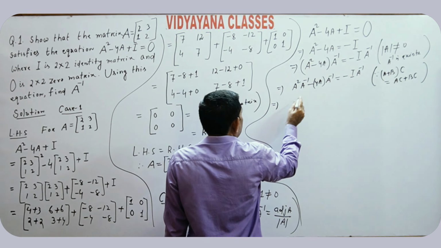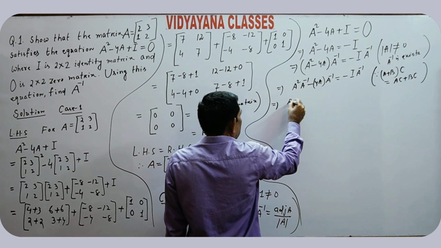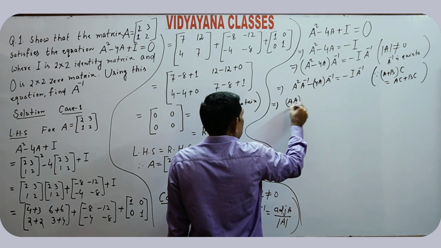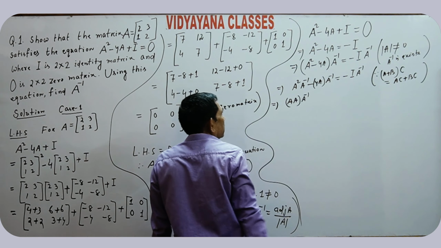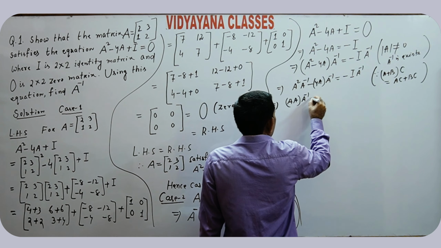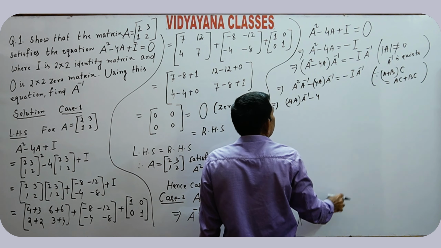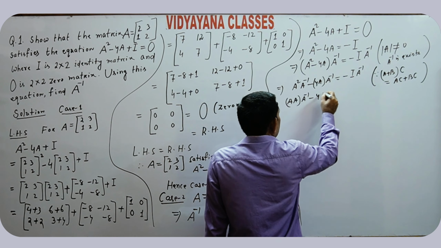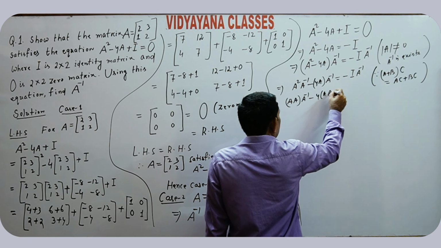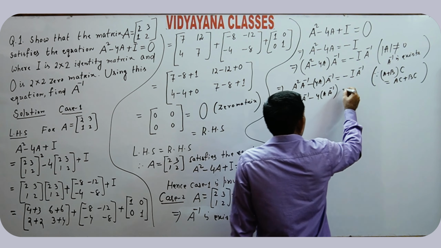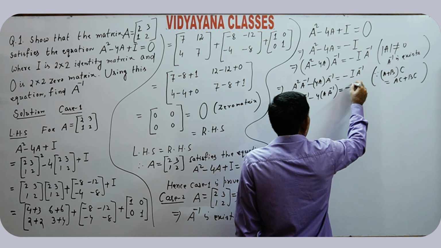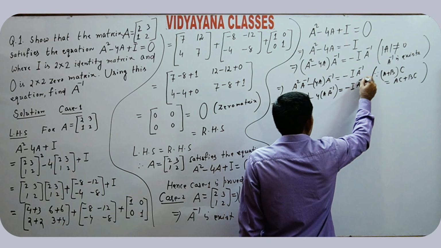This A square can be written as A into A into A inverse minus 4 A into A inverse minus I A inverse.